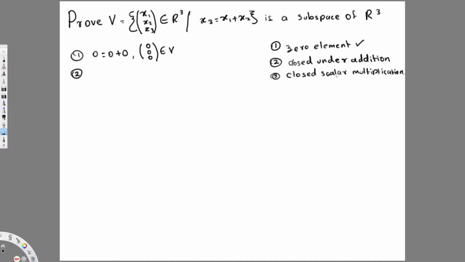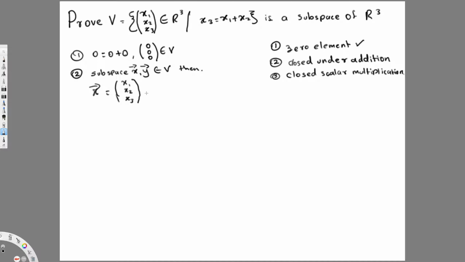Then the second one is we have to prove it is closed under addition. In order to do that, let's take x, y belongs to V. If I take x as x1, x2, x3, I have to prove this is closed under addition.